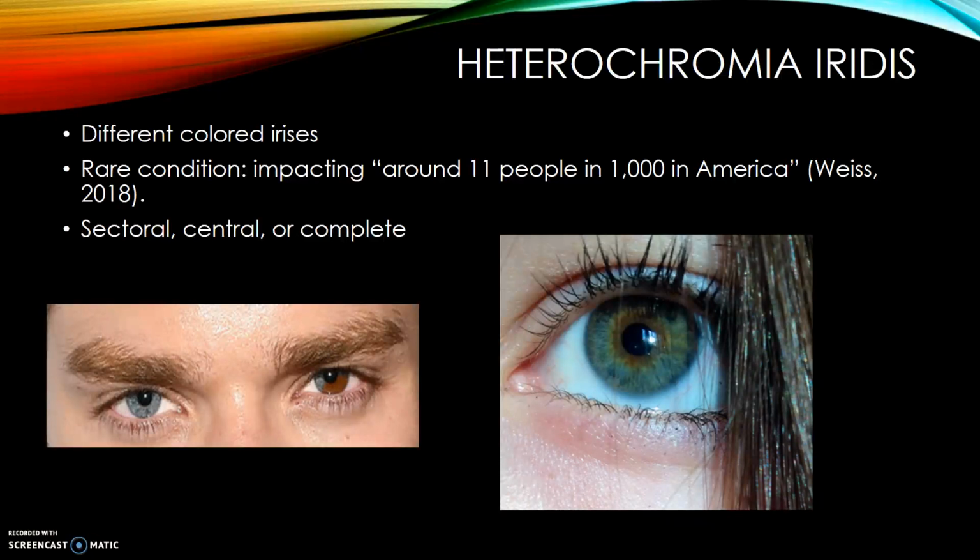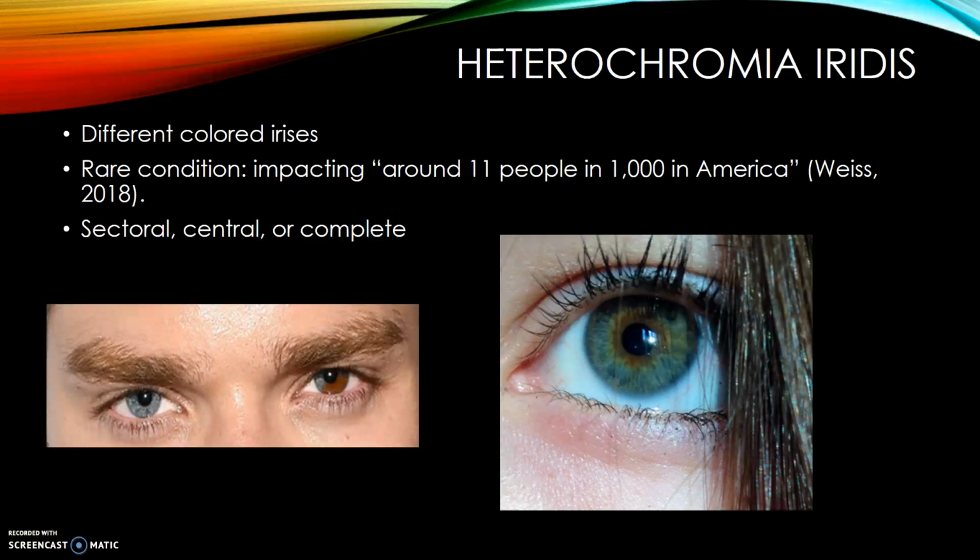So having two different colored eyes is an example of complete heterochromia iridis, and then his eye that is half brown, half blue is an example of sectoral, because one section of his eye is blue and one section of his eye is brown. And so that's the photo on the left.